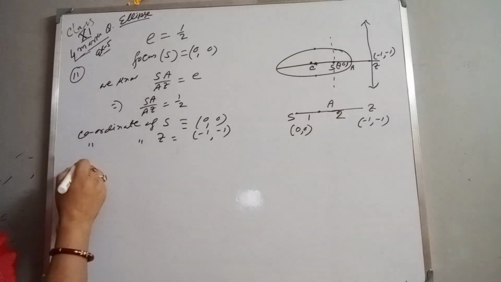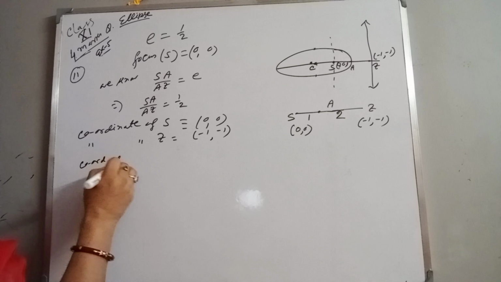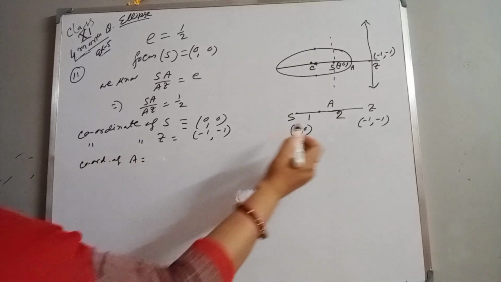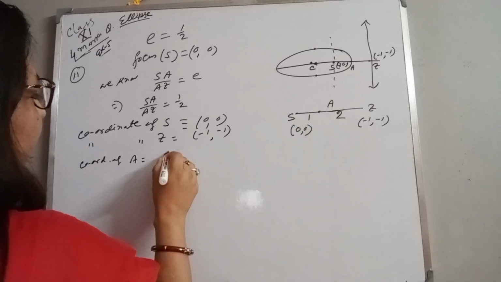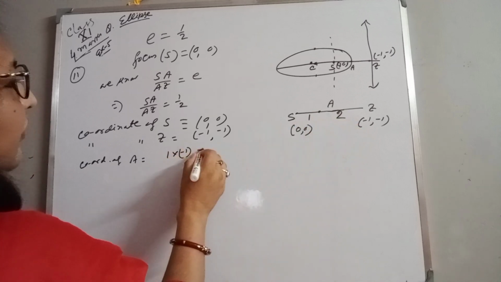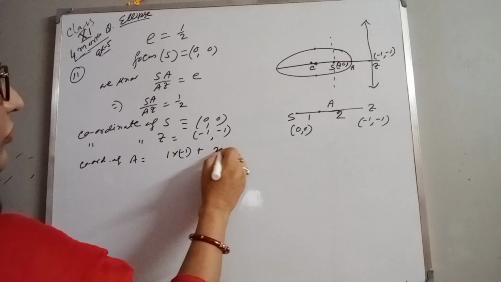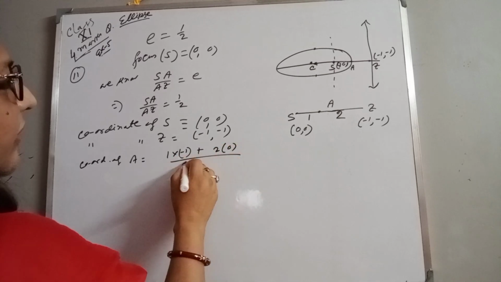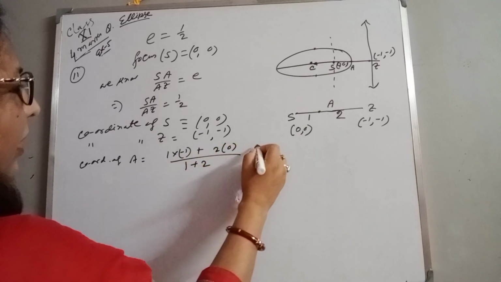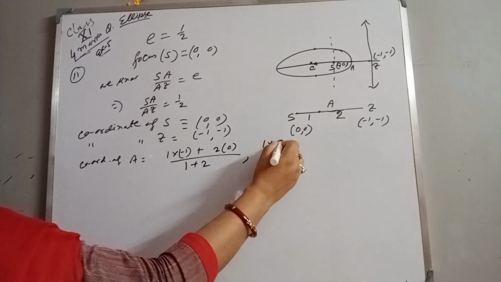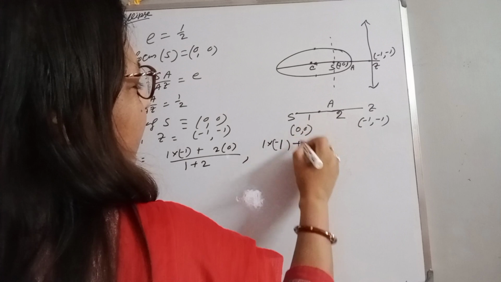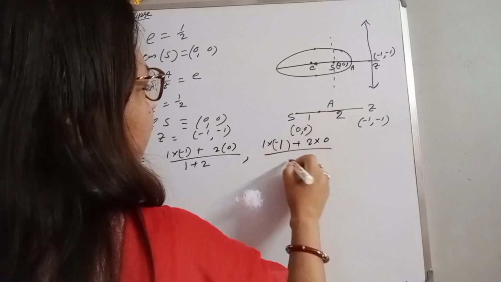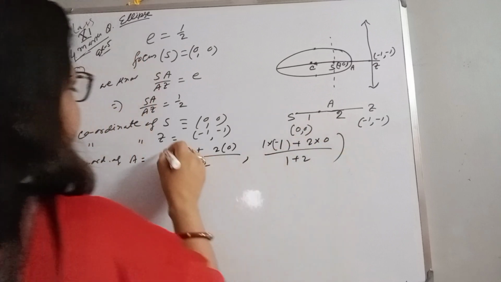Okay, therefore coordinate of A will be what? (mx2 + nx1) by (m + n). So 1 into -1 plus 2 into 0 divided by 1 plus 2, comma, 1 into -1 plus 2 into 0 divided by 1 plus 2.